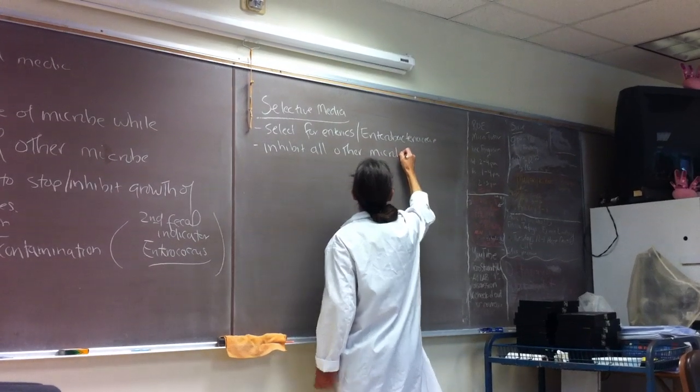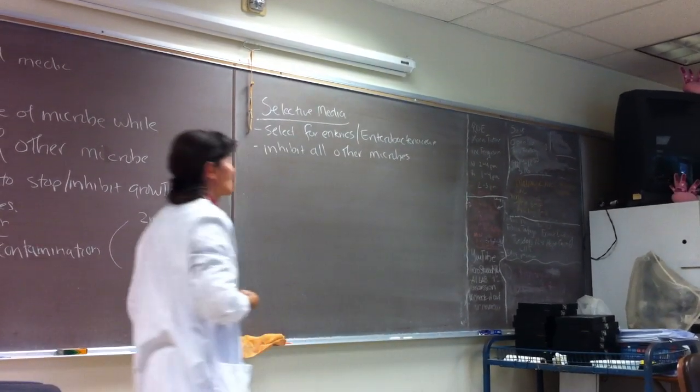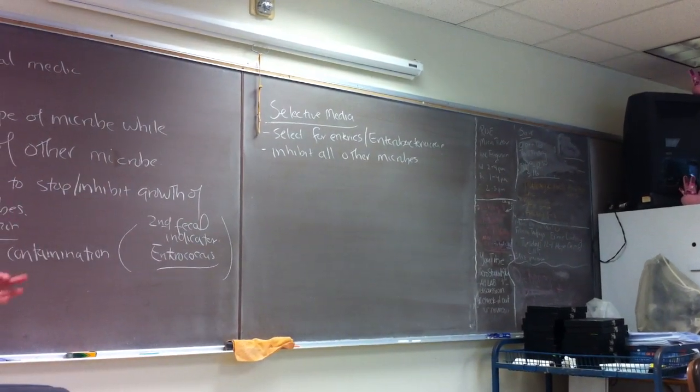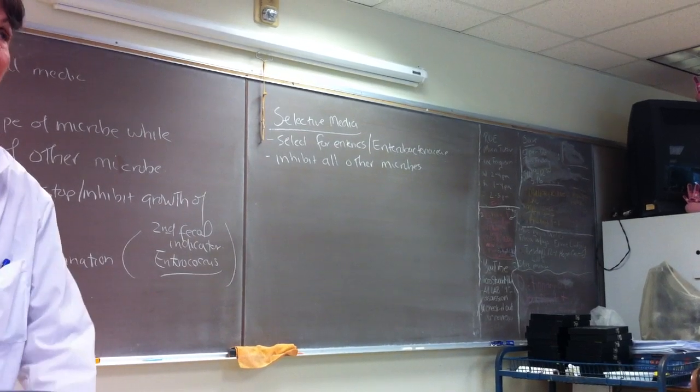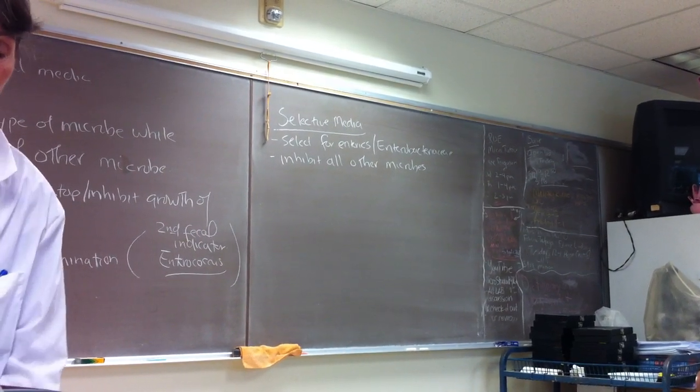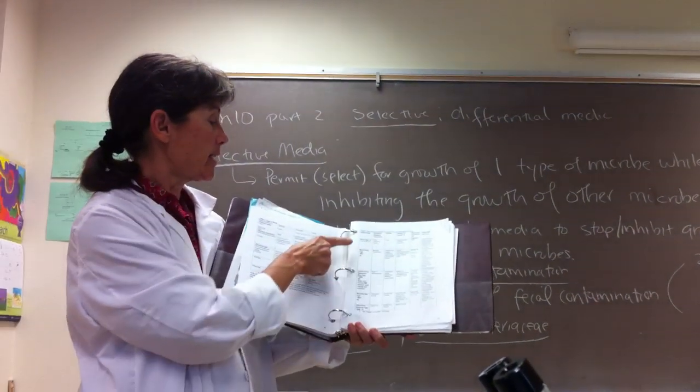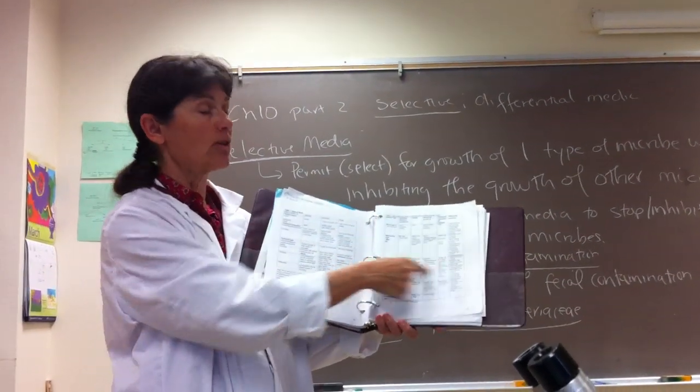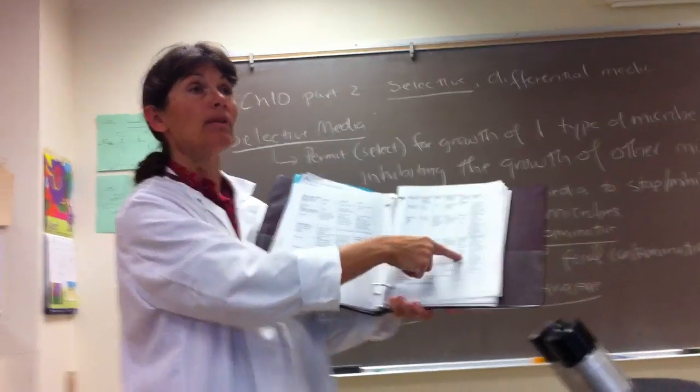All right, so which kind of selective media can we use? Well, the one we have for you today is called Eosin methylene blue medium, or agar. Eosin methylene blue is on table 2 on page 90, the third medium down.